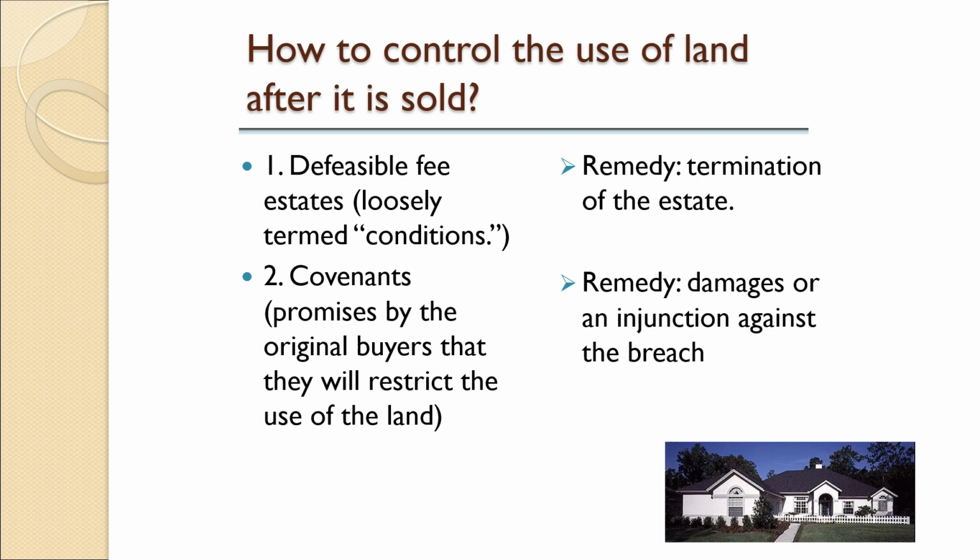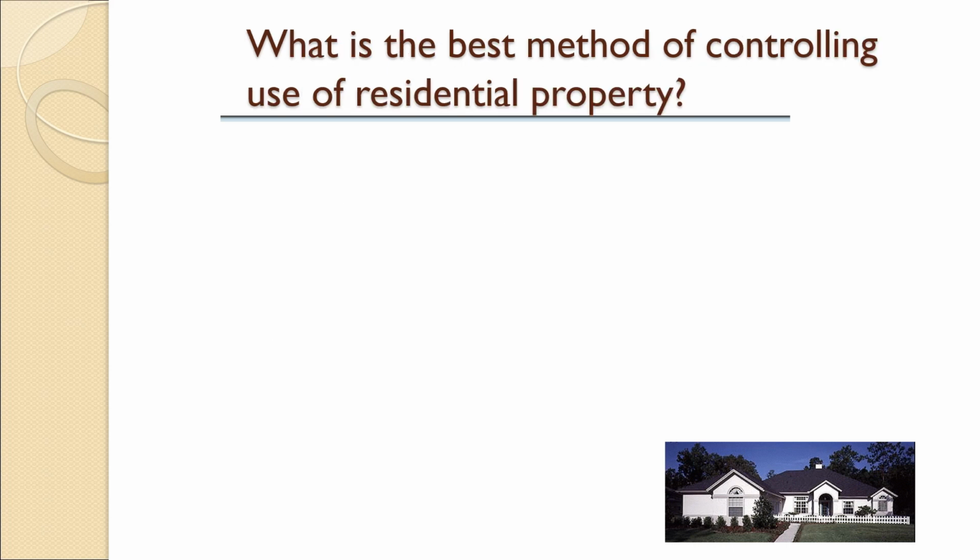Instead, the person who has the right to enforce the covenant can seek either damages or an injunction against the breach of the covenant, but they can't declare the estate terminated and take the land back. So we have these two tools that could be used to control the future use of real estate after it's been sold, the defeasible fee estate or the covenant.